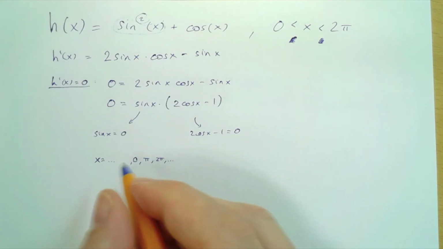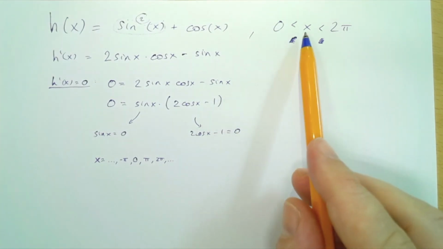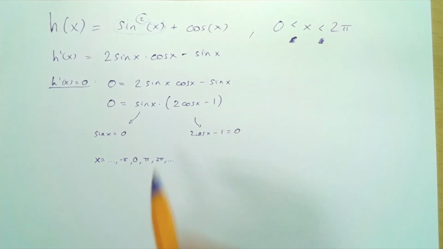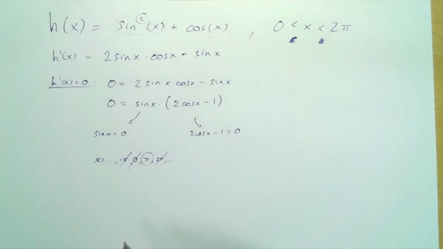And before 0, it would also be true that sine of negative pi equals 0, and so on. However, on my interval, x has to be between 0 not included and 2 pi not included. So there's only one, this one here, x equals pi. So that's my first critical number.